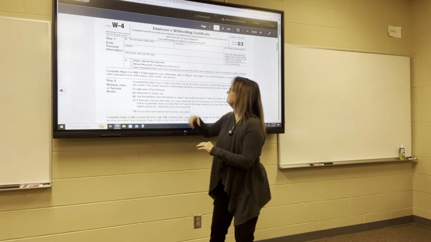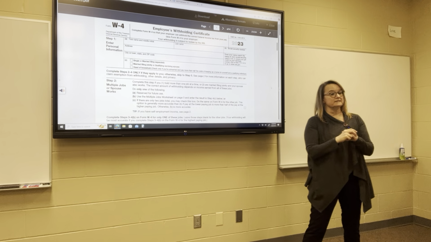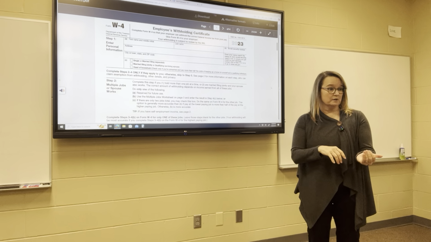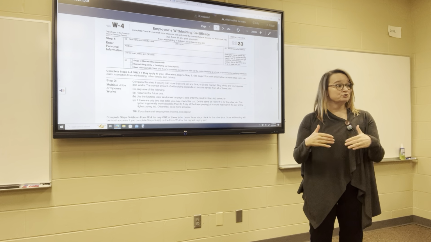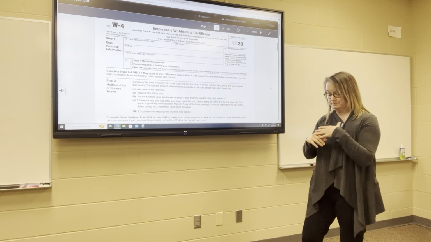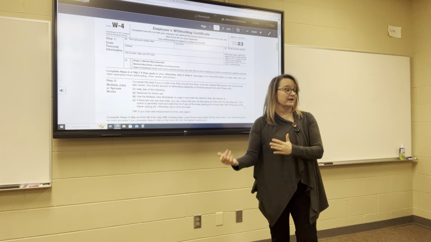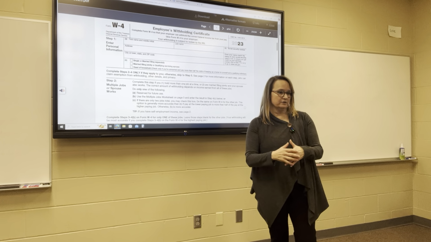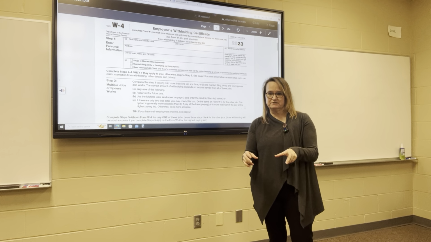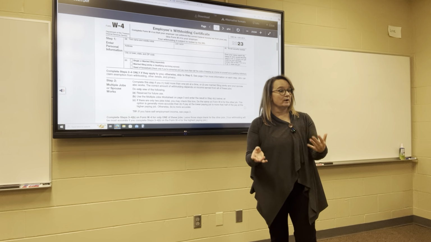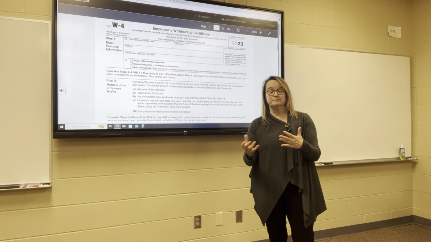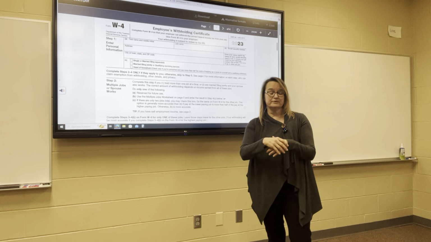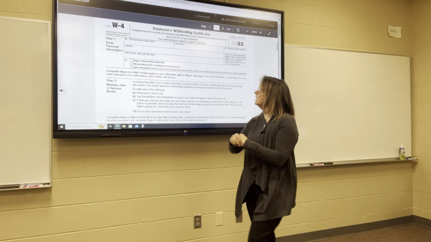This other one here, qualifying surviving spouse, this means that the individual is a widow or a widower, and within the last 2 years, their spouse passed away, and they have a qualifying dependent on their tax return. So it's a very specific circumstance. You don't see it quite as often because generally people can only use it for 2 years. It's the first 2 years after their spouse passes away. But that's what that is.